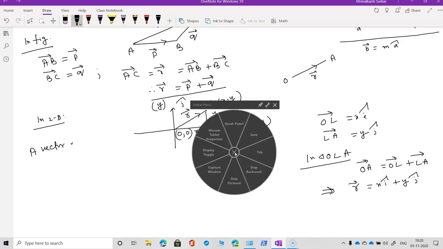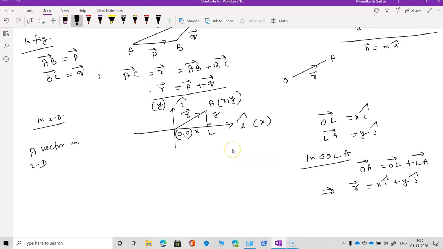a vector in 2D can be represented, can be taken as this.